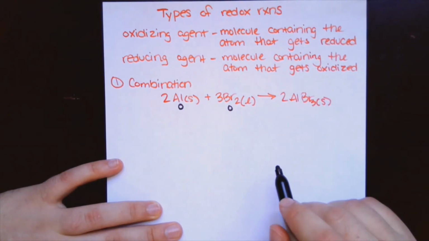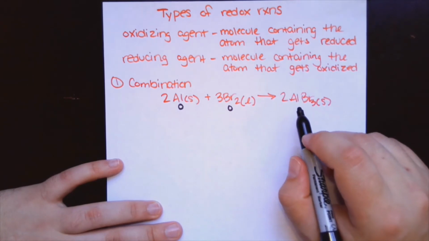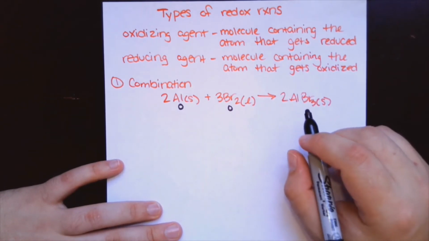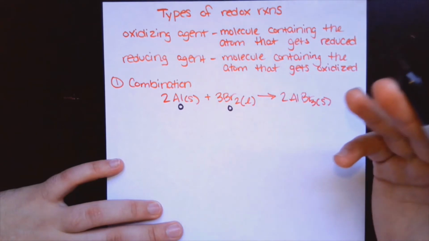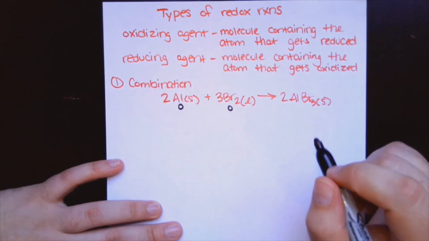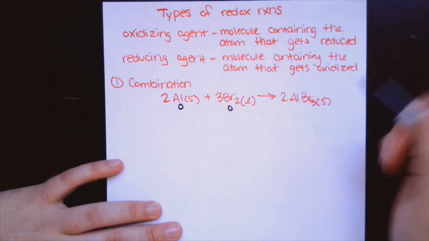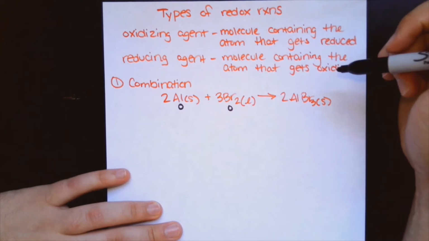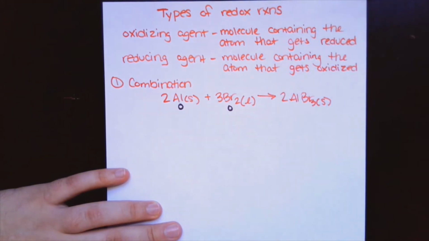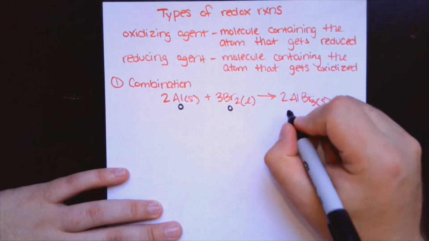On the product side, however, aluminum is most of the time going to be +3, because if you think about it, aluminum likes to form a +3 ion, so unless one of the 8 rules I mentioned explicitly forbids it, aluminum will like to form a +3 oxidation number, and none of the rules forbid it here.